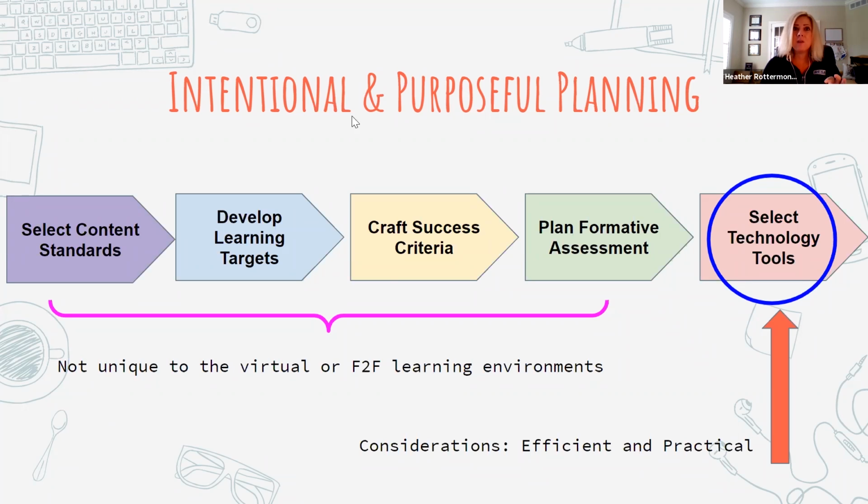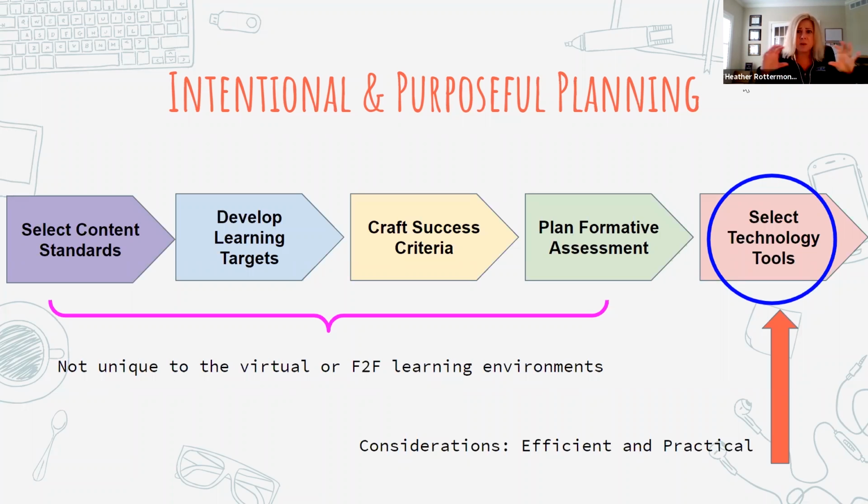So when we plan for our instruction, we know we're going to use a digital tool, we want to do the high quality planning first. This means we're selecting those content standards, we're creating those learning targets, and some school districts already have power standards and learning targets already done, and we're determining what the success criteria will be. What will success look like when I've met this learning goal? We plan for the formative assessment process, and then at the very end, we select the digital tool that's going to help us elicit that evidence in the best way.